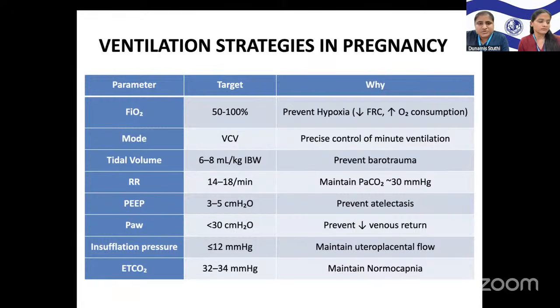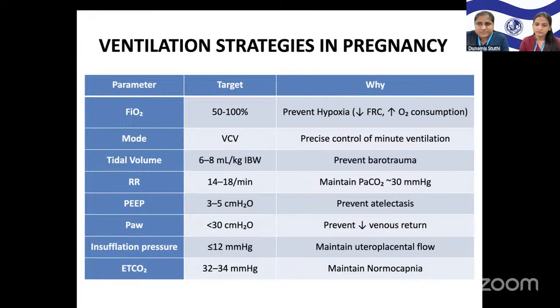The tidal volume is maintained at 6 to 8 ml per kg to prevent barotrauma, and the respiratory rate at 14 to 18 cycles per minute to maintain the partial pressure of carbon dioxide at approximately 30 mmHg. PEEP of around 3 to 5 centimeters of water is kept to prevent atelectasis, and airway pressure is kept at less than 30 centimeters of water.